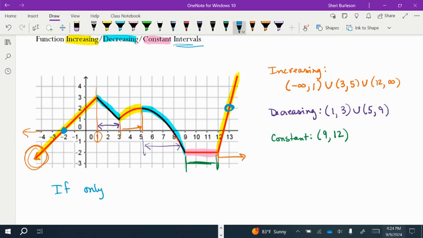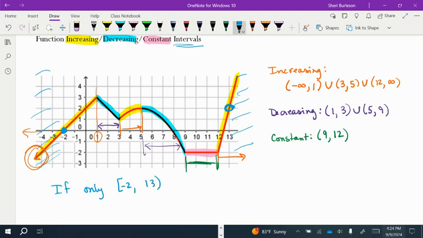So I'm not looking at anything here or anything beyond here.